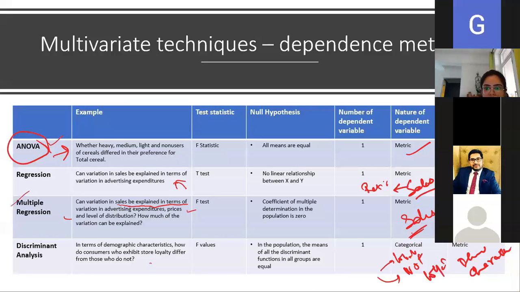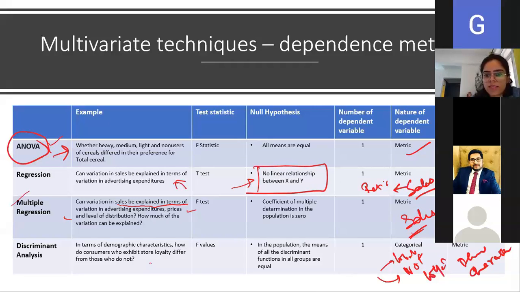So the null hypothesis is that there is no linear relationship between x and y. So what we are trying to find is, agar linear relationship hota hai, then what are we going to do? Are we going to accept our null hypothesis or reject? Our null hypothesis for regression is that there is no linear relationship between x and y.